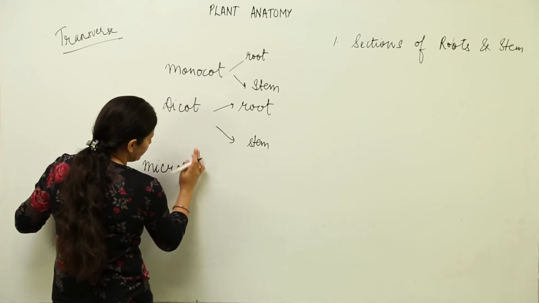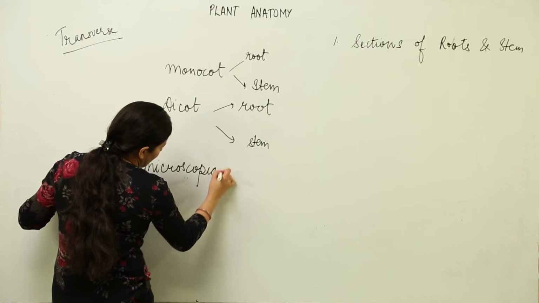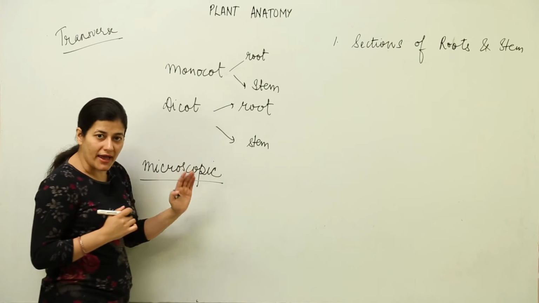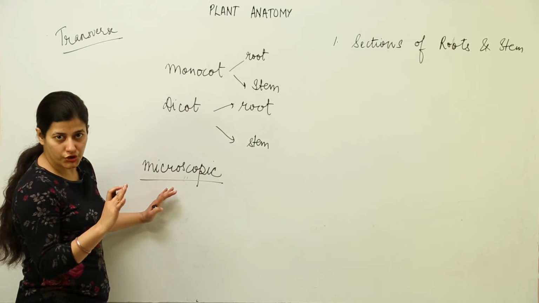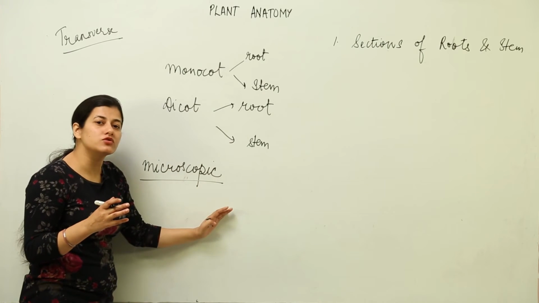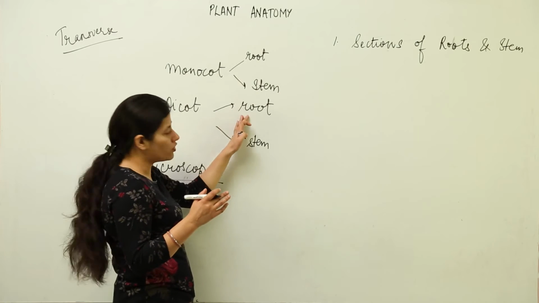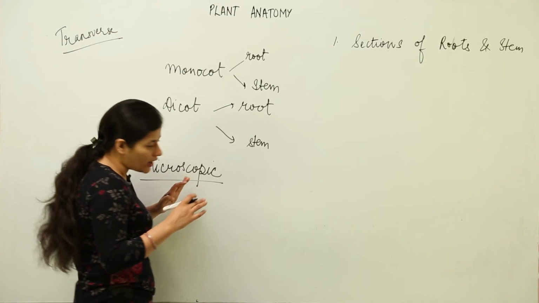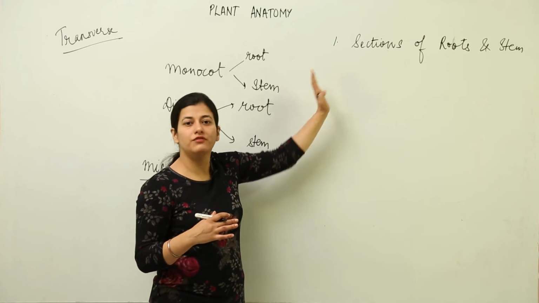So basically, in your syllabus for this class, the anatomical part would deal with microscopic understanding of the various plant tissues, their arrangement at the microscopic level in the monocot root, in the monocot stem, in the dicot root, in the dicot stem, and for understanding that arrangement, we'll have to make sections of the given roots and stems.